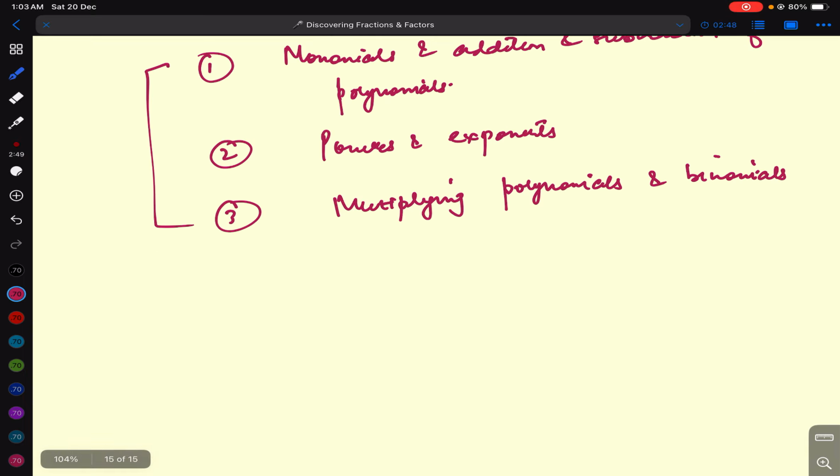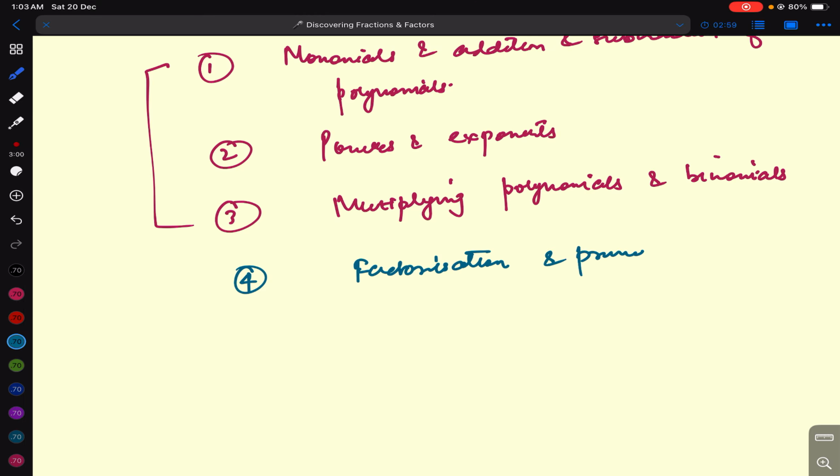Now we are going to cover the remaining 3, which is number 4, factorization and prime numbers. Lesson number 5 is finding the greatest common factor.